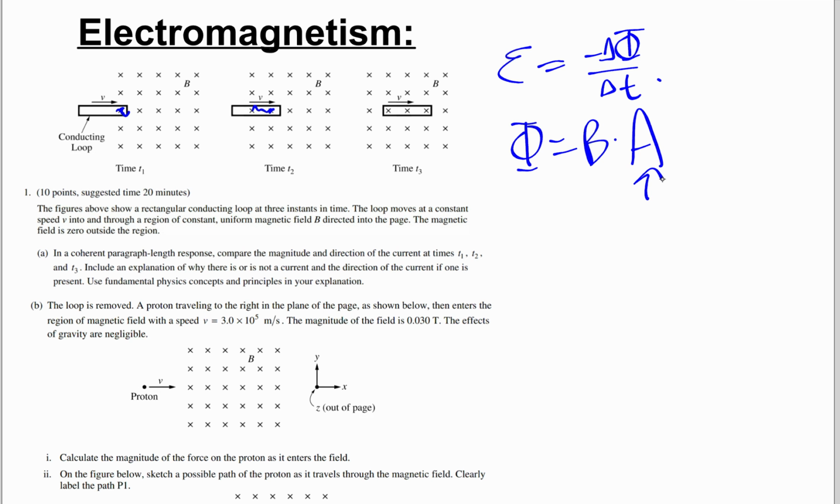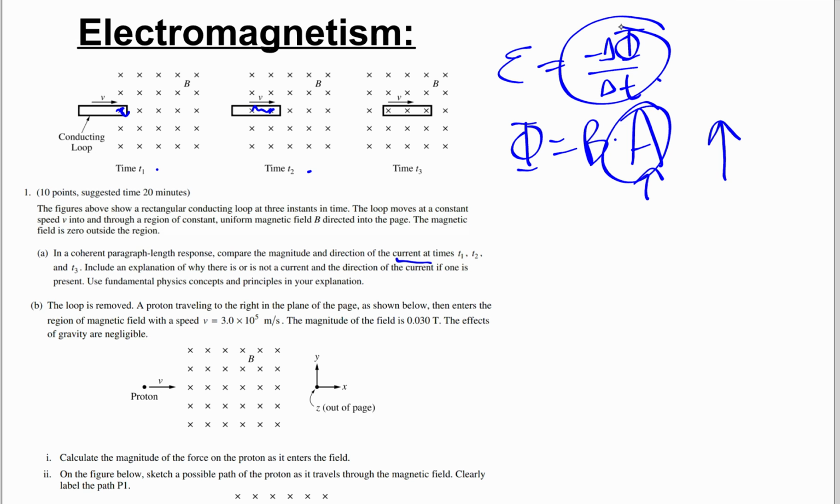So the flux at time t1 and t2 is increasing at a constant rate, which means there is a voltage. So the voltage, or rather the current, since voltage drives the current, is equal at time t1 and t2, since we're entering the field. All right, again, we're entering the field, which means our area in the field is changing. Remember, changing is important, and it's the change in flux that causes voltage.